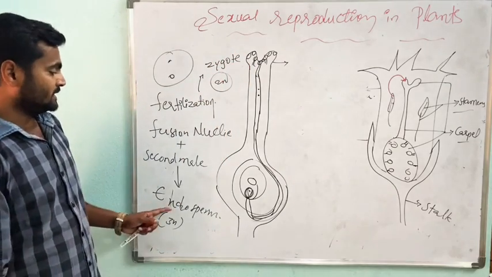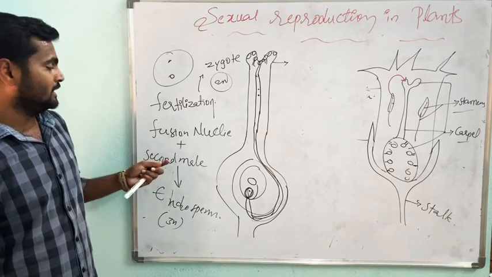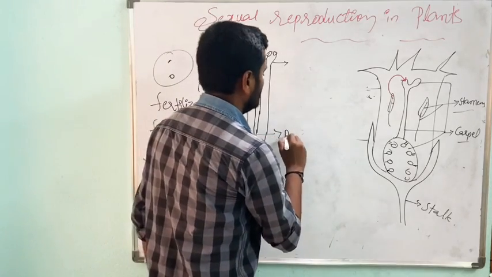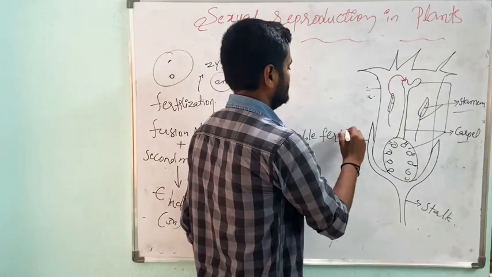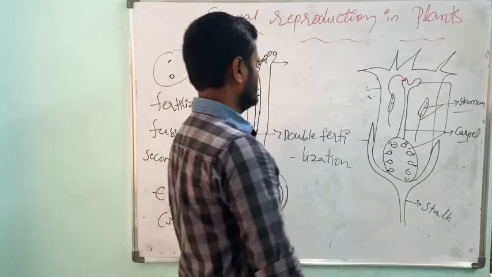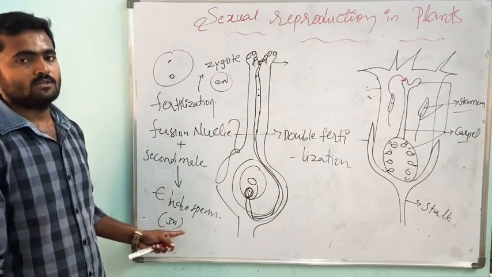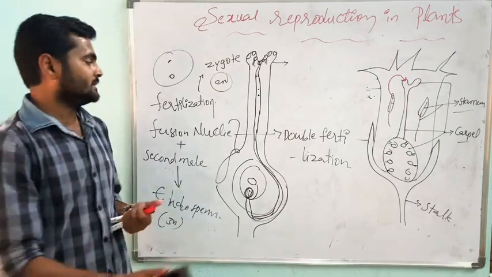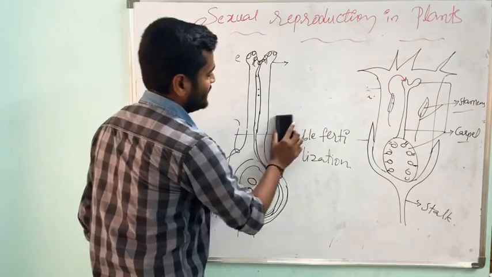So this fusion of the second male nucleus with the fusion nucleus is called what, Nana? Double fertilization. So the result of double fertilization is what, Nana? Endosperm.